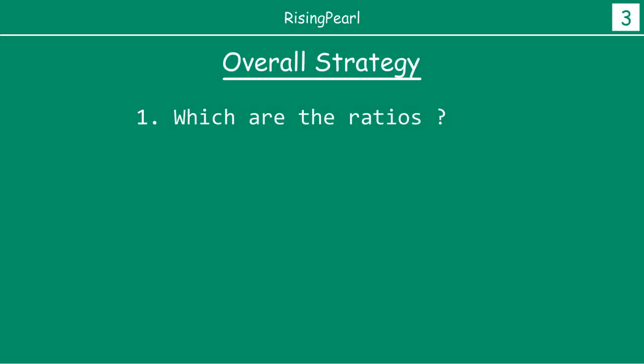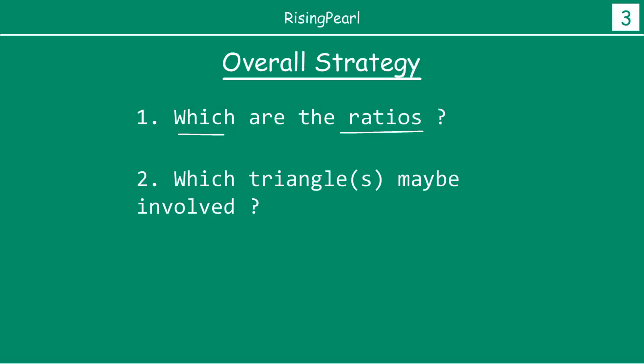Now, before we jump into the actual questions, I wanted to just design our strategy. And you will see as we solve all these different questions, we will really make use of this. So the first thing that we are looking for are which ratios. So in the question, we will want to understand which are the ratios very clearly.